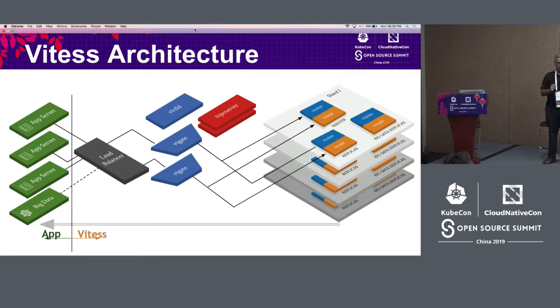As you all know, it's easy to run stateless services in Kubernetes. It's hard to run stateful workloads in Kubernetes, but companies like HubSpot.com and JD.com have been using Vitess to run databases in Kubernetes over the last 2 or 3 years.